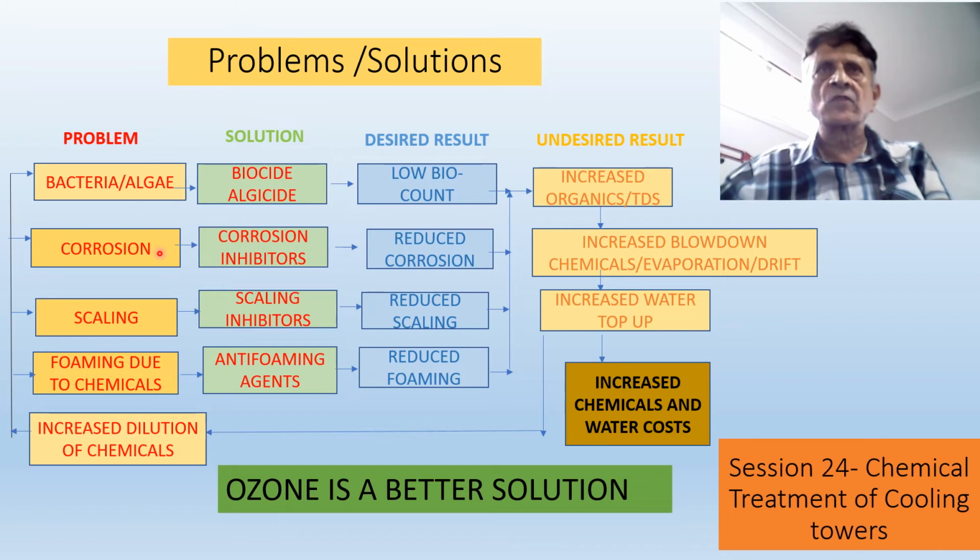To resolve the corrosion, you add corrosion inhibitors, you will get reduced corrosion, but increase TDS, etc., and therefore you have to increase blowdown for chemicals, evaporation and drift.